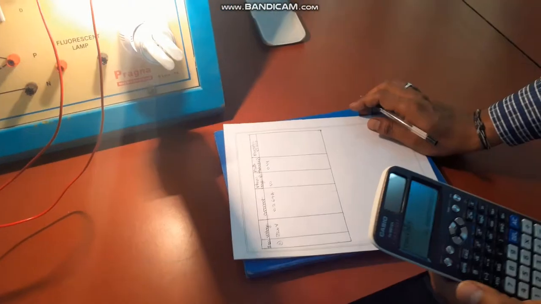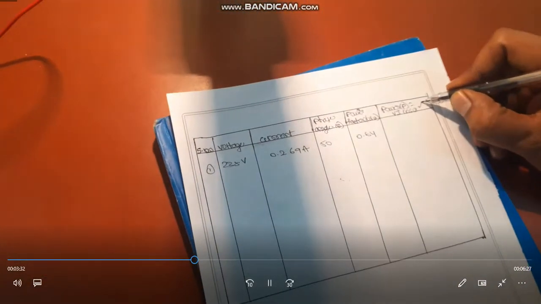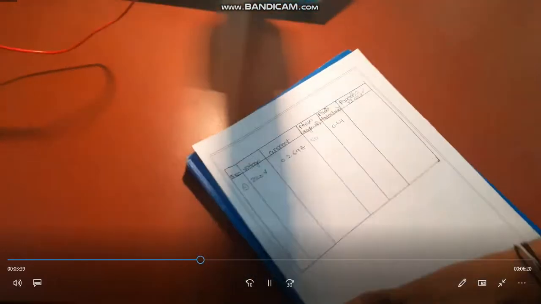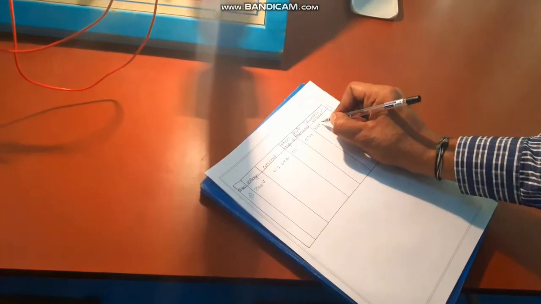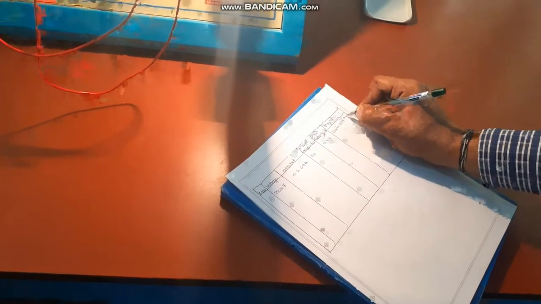Again we have to find out the power. To find the power, we have the formula P equals voltage into current into power factor, cos phi. Therefore we multiply 238 into the current 0.269 into the power factor 0.64.